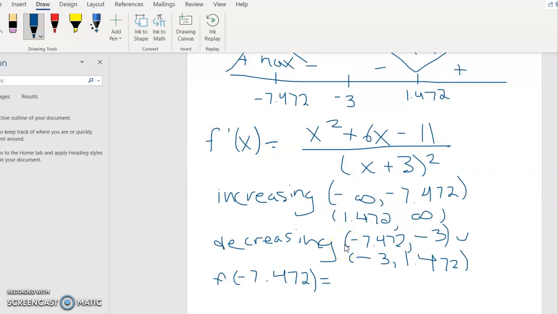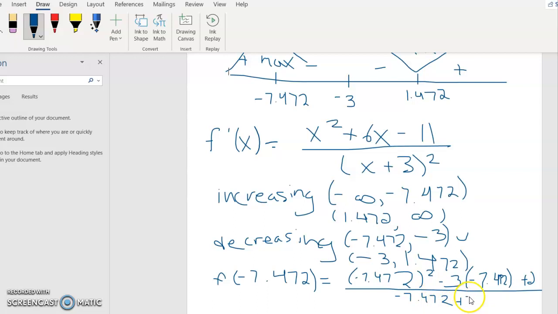The original function was x squared minus 3x plus 2 on top, so we'll have negative 7.472 squared minus 3 times negative 7.472 plus 2, all over, and the bottom was x plus 3 in our original, so negative 7.472 plus 3.